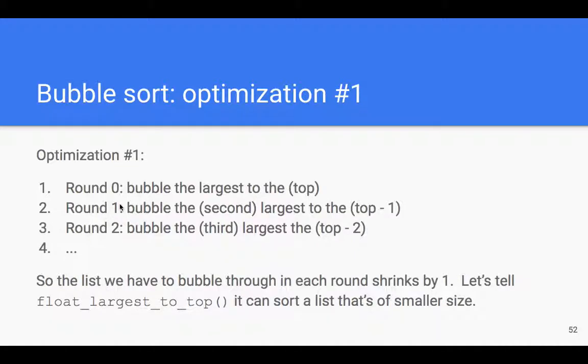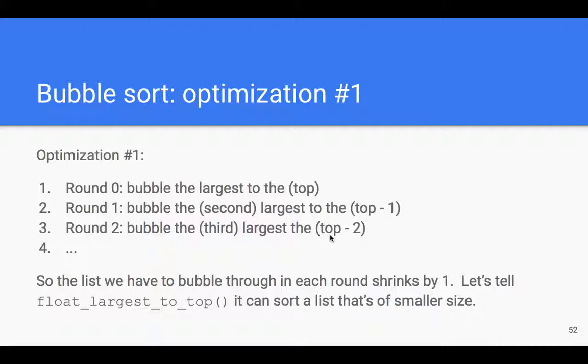In the second round, round one, we bubble the second largest to the top, but not all the way to the top because the top is occupied by the largest. So we bubble it to the top minus one, one before the top. And then in the next round we bubble the third largest to the top minus 2.